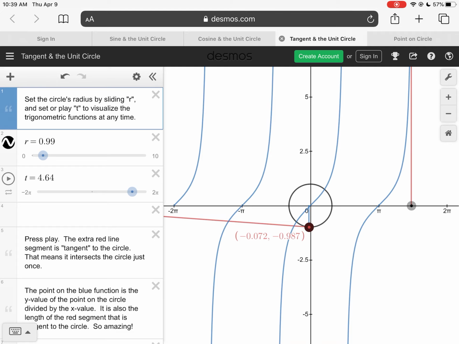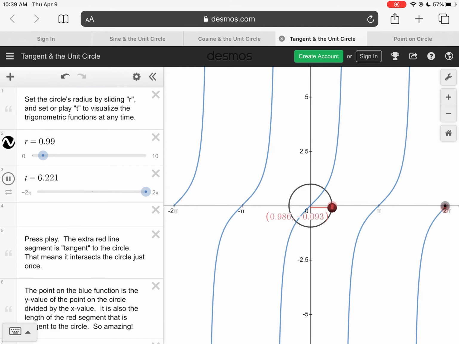So right here, you see the blue line is close to 1. The red line is really small. So if we take 1 divided by a super small number, like just type in your calculator 1 divided by 0.1, or 1 divided by 0.05, you'll see we get a huge number. And so that's what's happening.